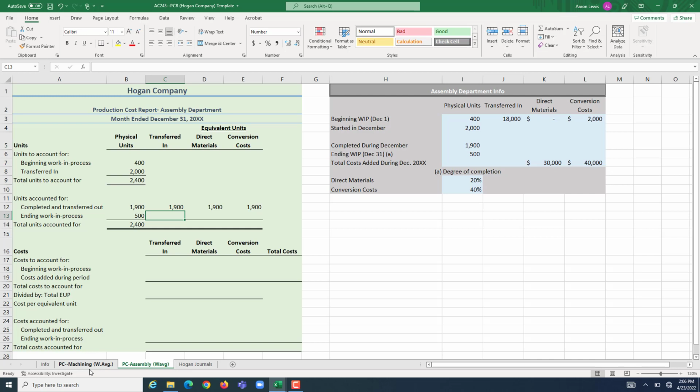Your equivalent units in ending WIP for transferred in cost has to be the same as your physical units for ending WIP. They would not be in the assembly department if they weren't all the way done for everything the machining department, where the costs were transferred in from, had to do. So that is also 2,400.